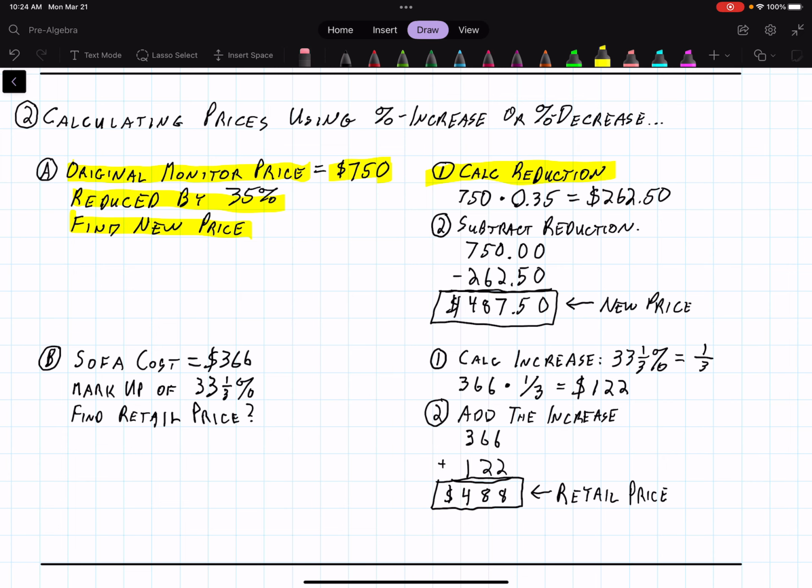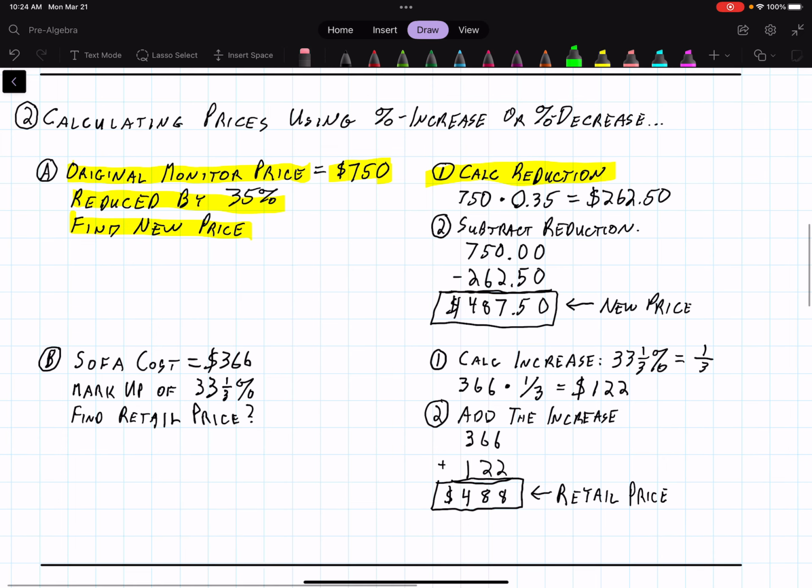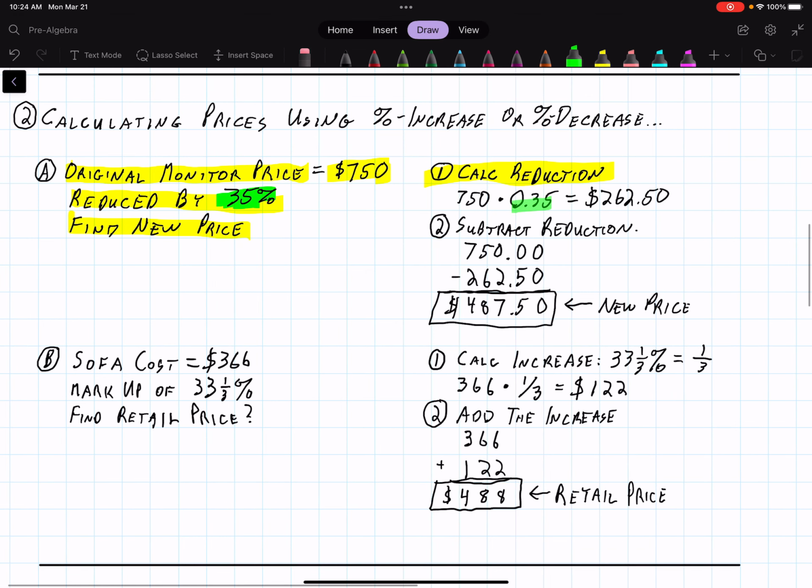This 35% we know to change to 0.35. We take our original amount and multiply it times our reduction percentage, and this tells us the amount of the reduction. That doesn't tell us what we're looking for.